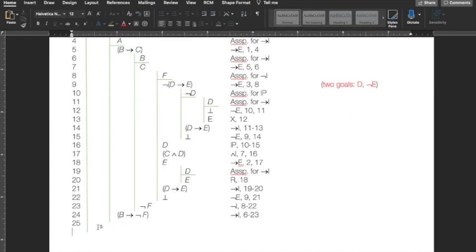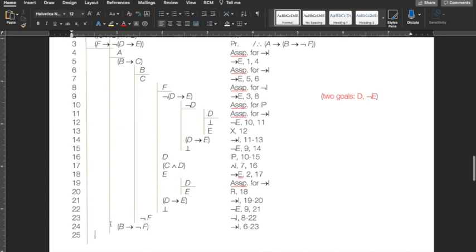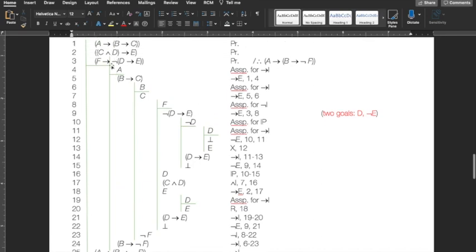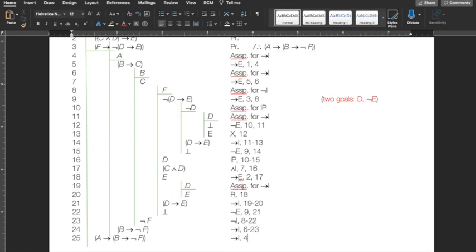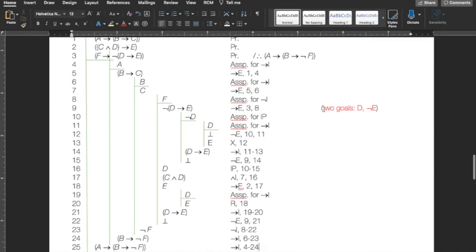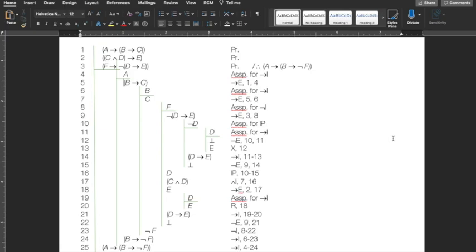So I can get if A, then if B, then F. And that was by conditional introduction, lines 4 to 24. And now I've reached my conclusion. And that's what the whole proof looks like.